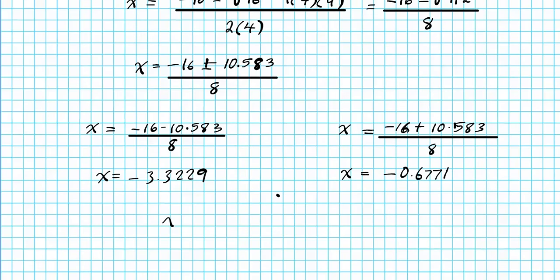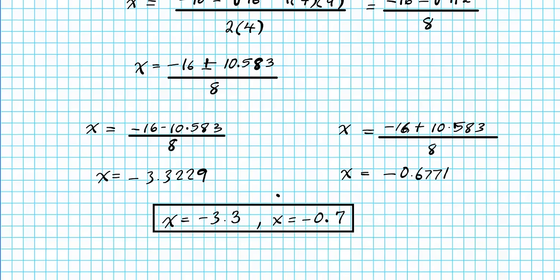So we're going to have x equals negative 3.3 and x equals negative 0.7, since 7 is 5 or greater, so we add 1. Okay, so those are our two answers.